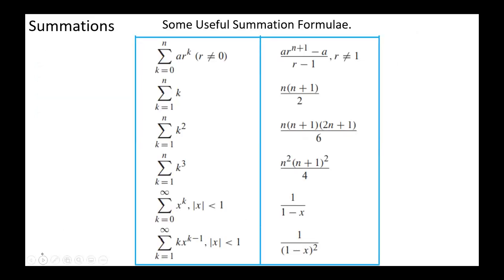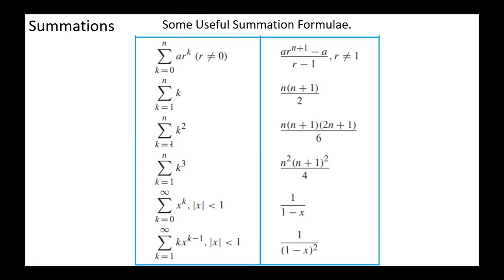Next, some useful summation formulas. Summation k equals 0 to n of a r to the power k, if r is not 0, equals (a r to the power n plus 1 minus a) all over r minus 1 if r is not equal to 1. Summation k equals 1 to n of k equals n multiplied by n plus 1 over 2.